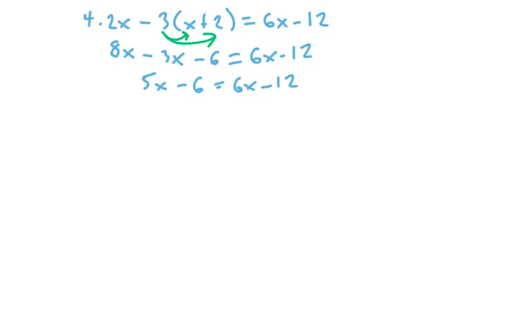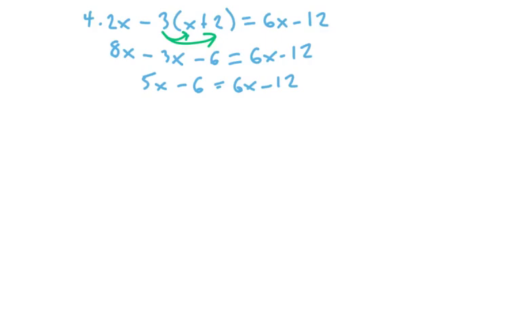And at this point, we can gather all terms that involve x on one side of the equation and all terms that do not have x on the other side. Whatever operation we perform on one side of the equation, as long as we do the same operation on the other side, we are keeping the equation balanced.